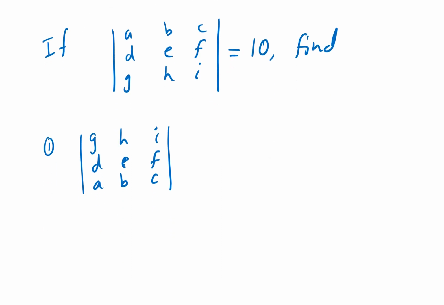So what do you notice? Compare the given one with the new one. I found that row 1 and row 3 get swapped. So this means the answer is -10. Why? Based on one of the properties. If you swap two rows, the answer will be the opposite of the original one.